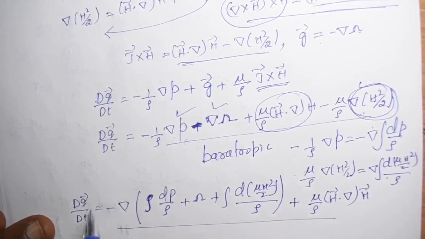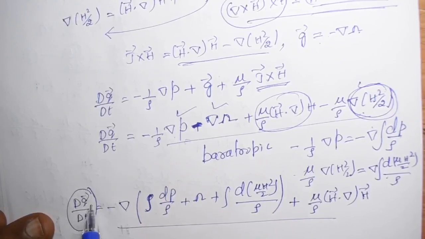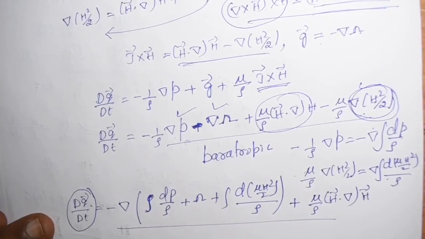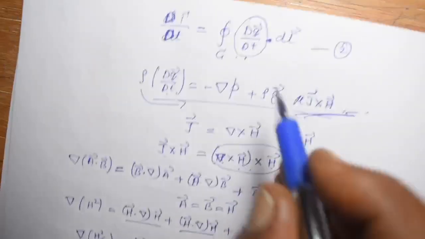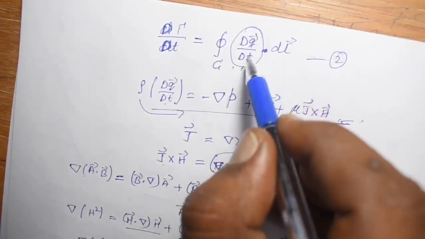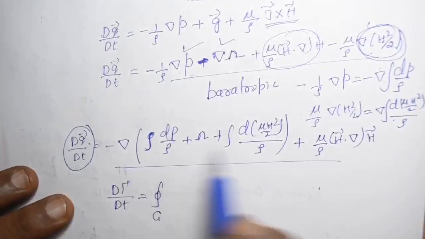Now substitute this equation in the derivative of circulation: d gamma by dt is equal to the line integral over a closed contour C of dq by dt dot dl. So you have to substitute all these things.